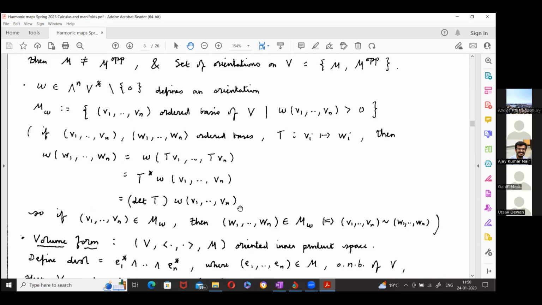Okay. So if V1 to Vn belongs to this set mu omega, that means omega of V1 to Vn is positive, then W1 to Wn will also belong to mu omega. That means omega of W1 to Wn will be positive if and only if determinant T is positive.